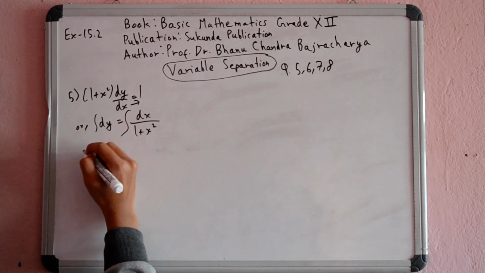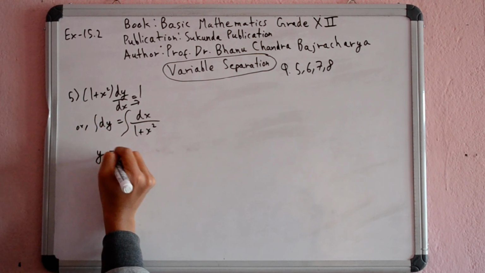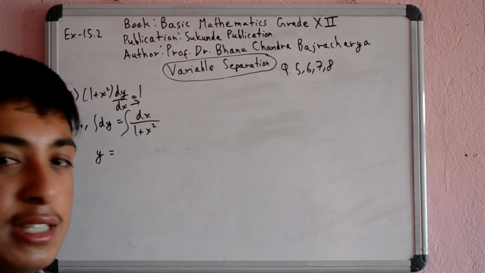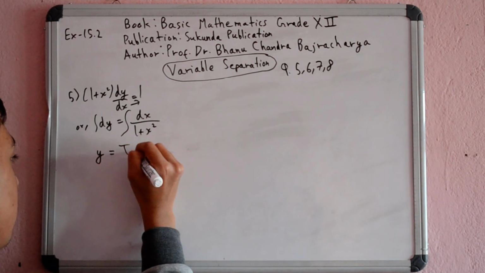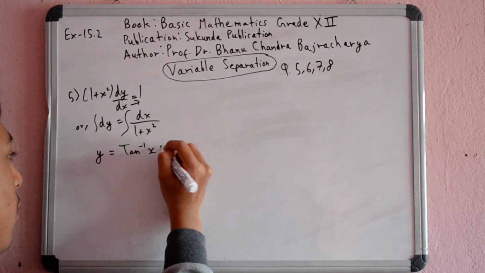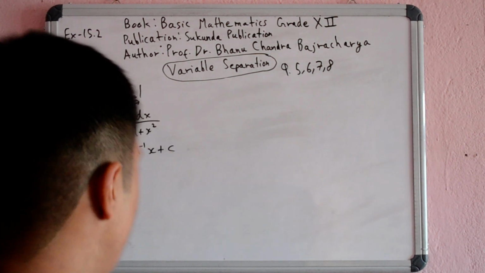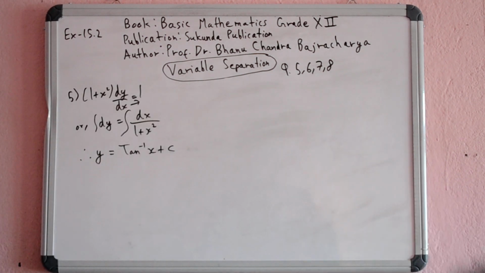Here integration of dy is y, and integration of dx by 1 plus x squared is simply the inverse tangent of x, and don't forget our constant plus c, and that is the required answer. Now, for question number 6.